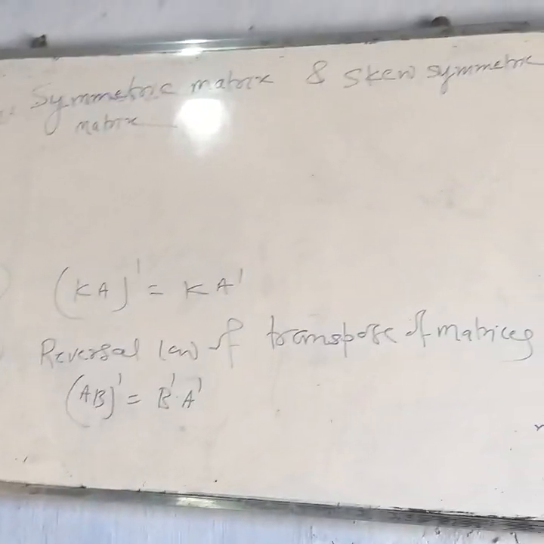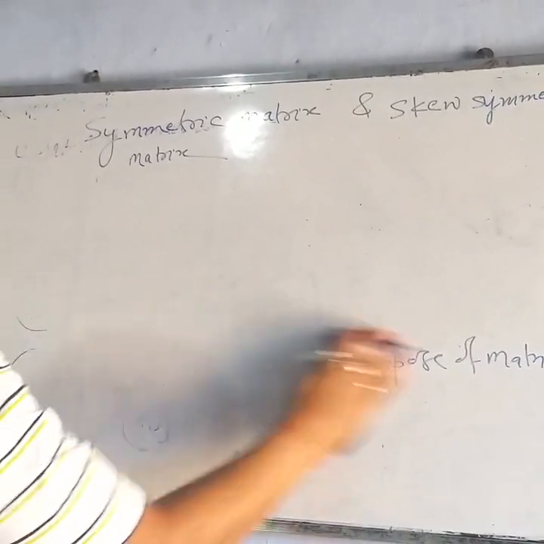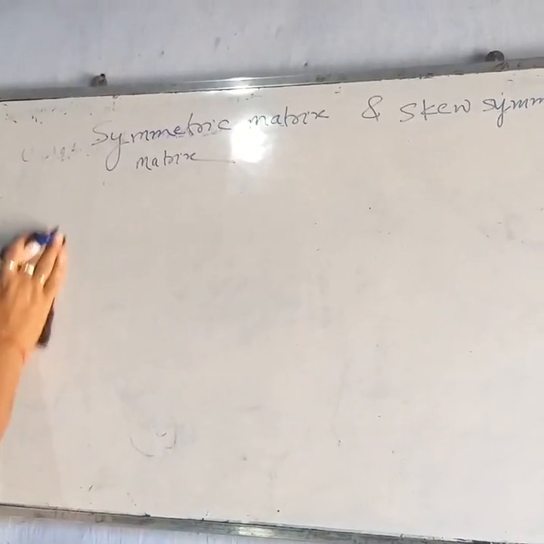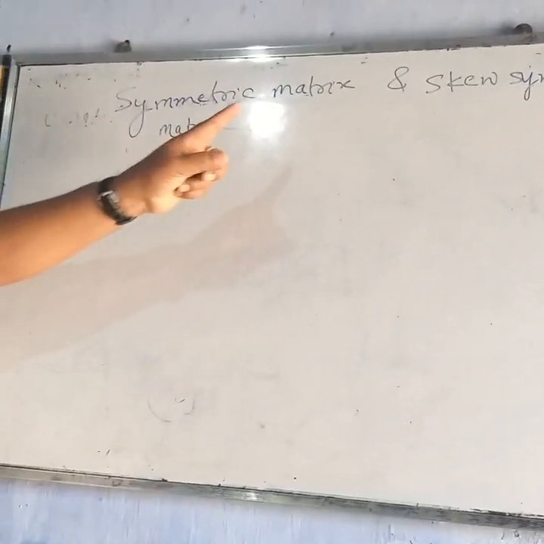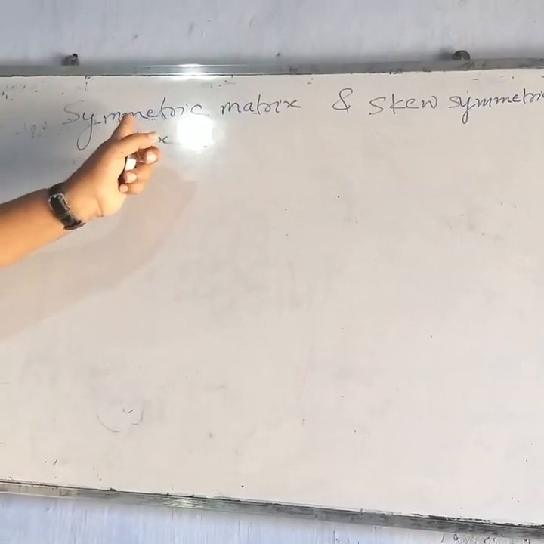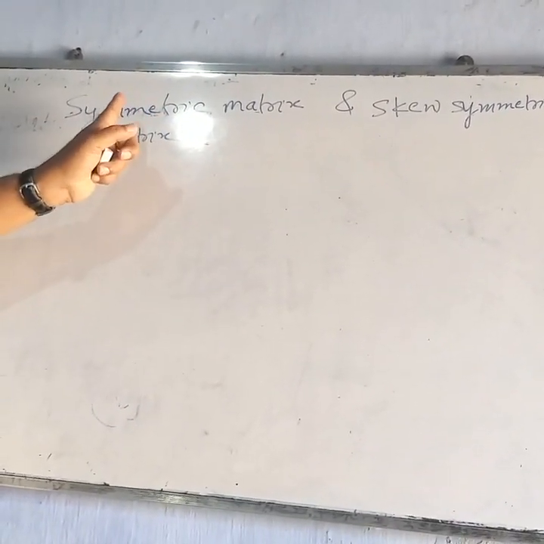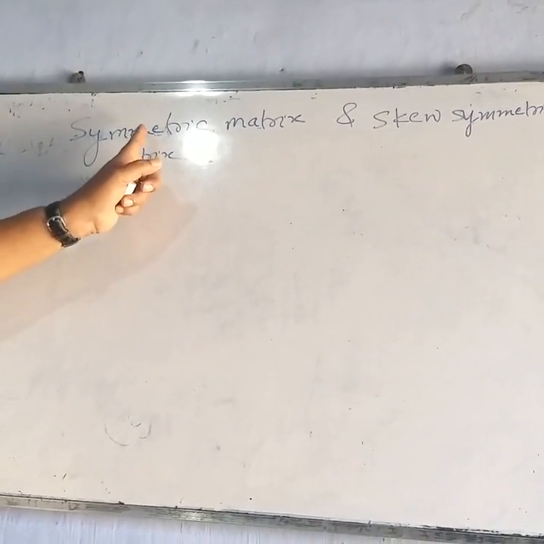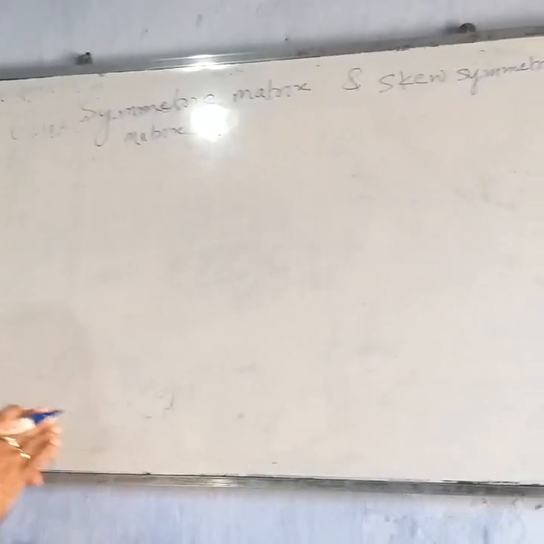So first of all we see symmetric matrix. You should know symmetric and skew symmetric are also square matrices. Only a square matrix can be symmetric or skew symmetric.